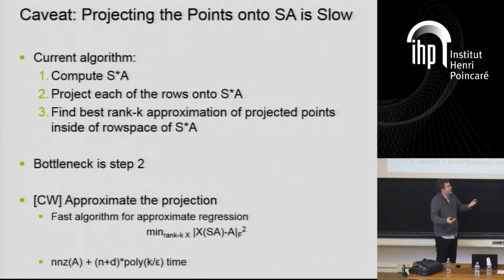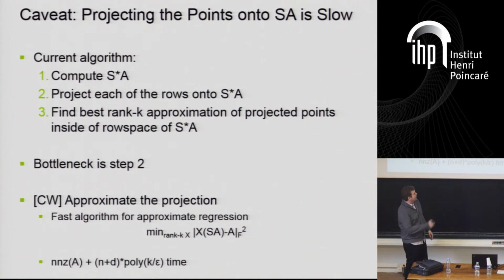There's additional sketching: you just sketch on the right by a new sketching matrix R. And this allows the whole procedure to be done up to relative error, and you get relative error for the low rank problem. Okay, so that's all I wanted to say about the standard low rank approximation.